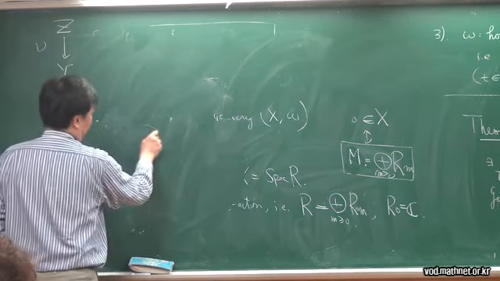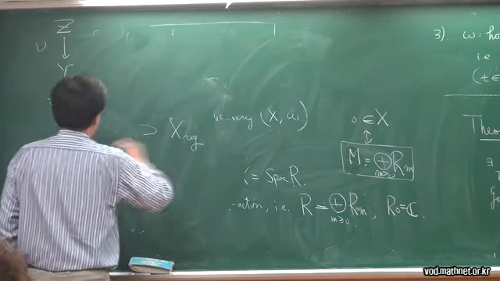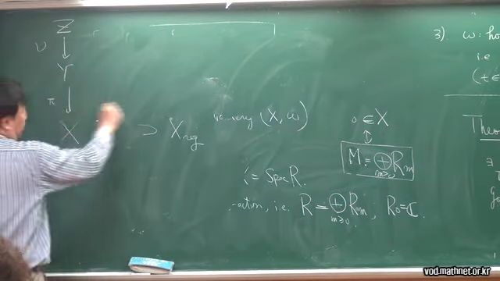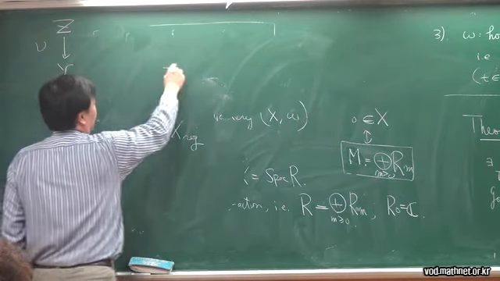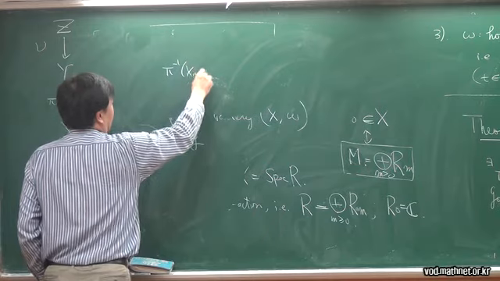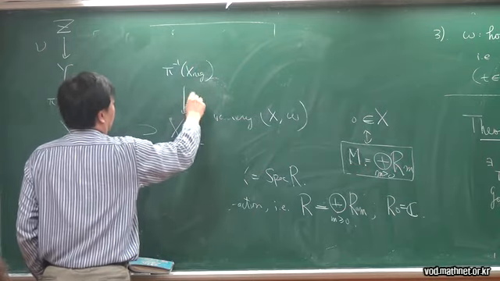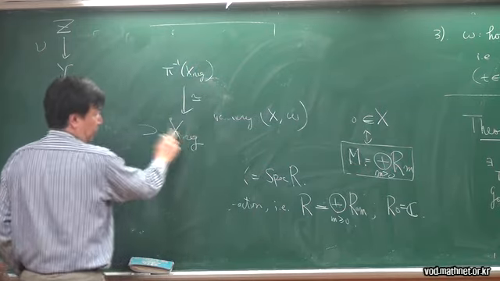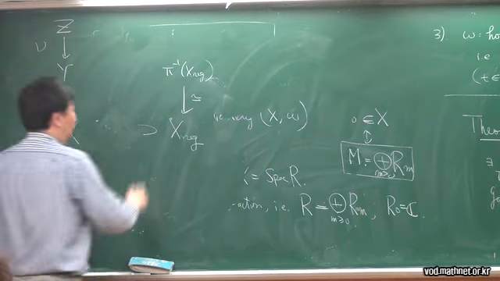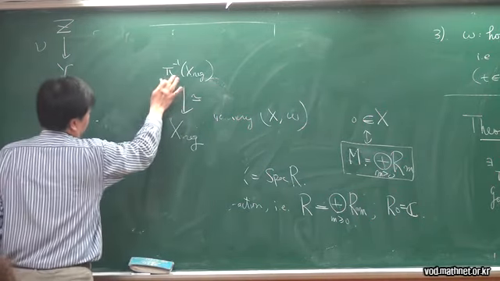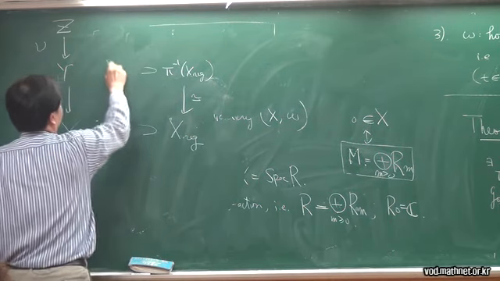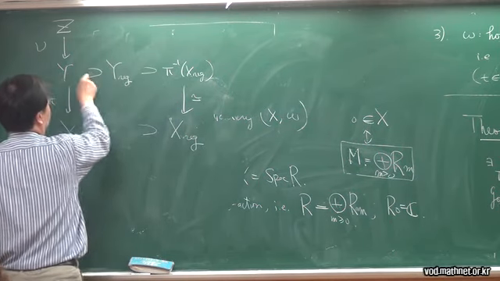Here you have the regular part, and pi is crepant, so pi doesn't change the smooth part. So pi inverse of the regular part of X is isomorphic to the regular part of X. This is smooth, of course, and is contained in the regular part of Y.